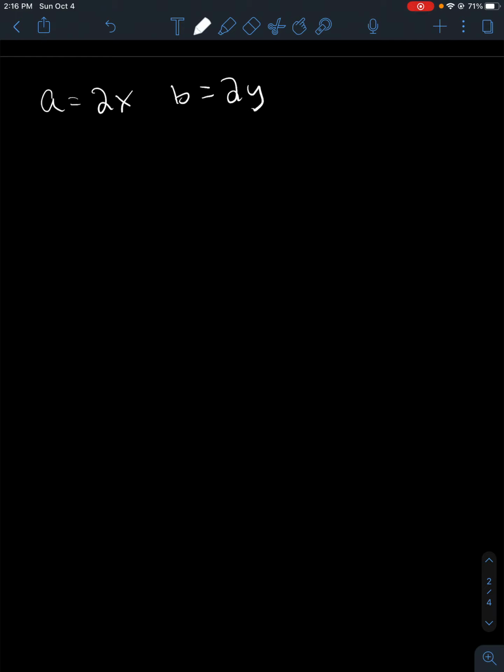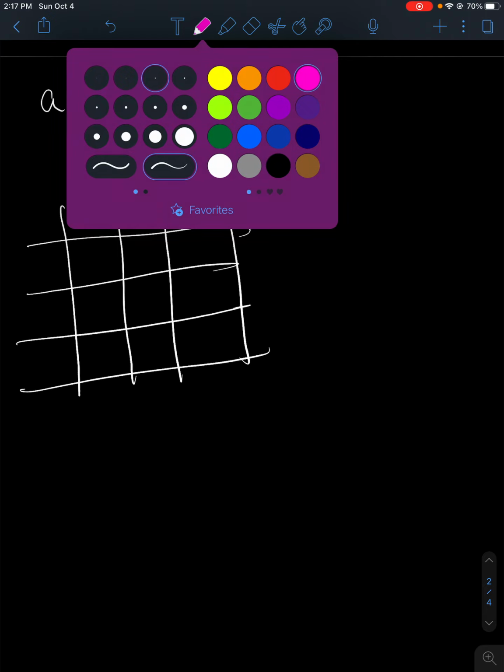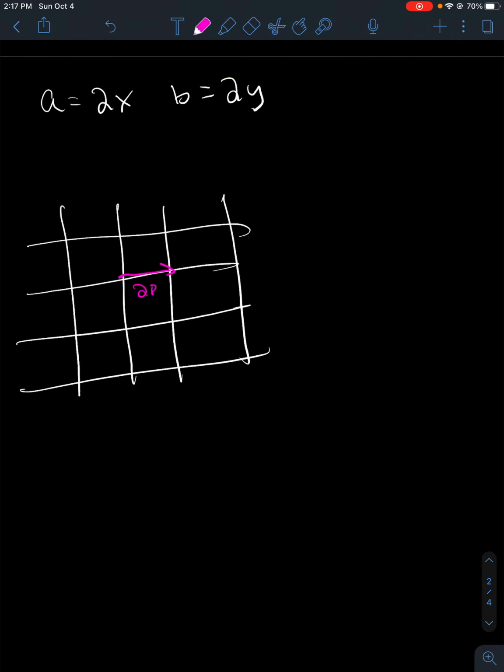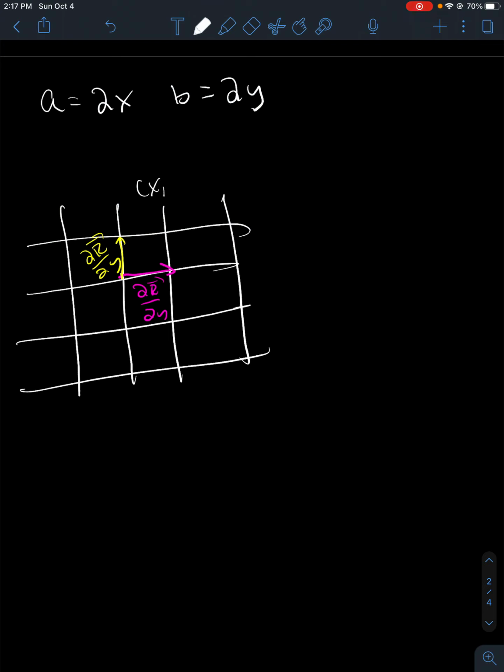How does it happen? To understand what I mean, let's just draw the whole thing again. I have x and y, and actually let's draw a much bigger one. Here I have the x basis vector, and here I have the y basis vector. This is the XY system.